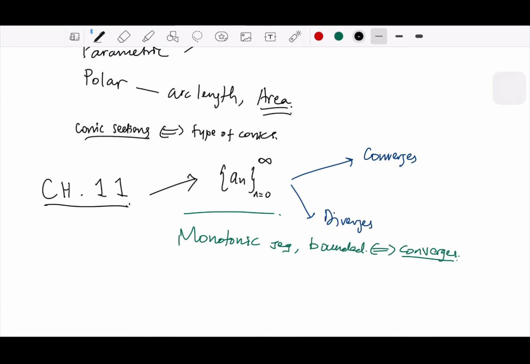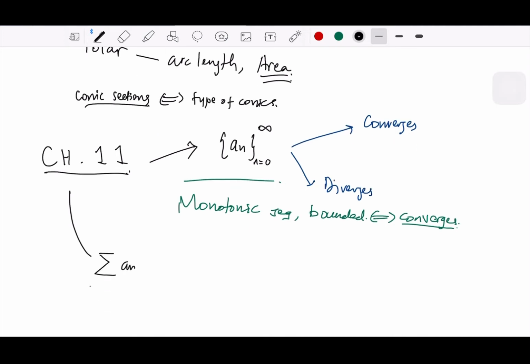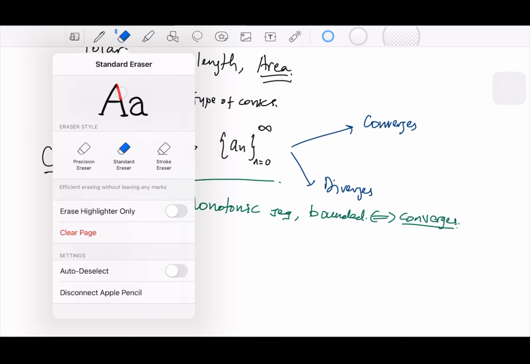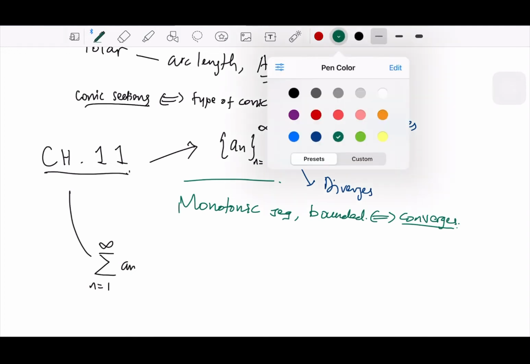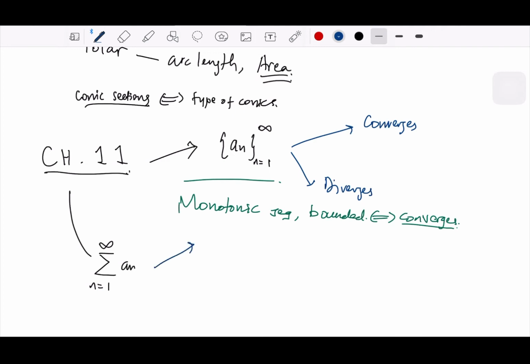And then we learn about series. Now for the series, we also learn when the series converges and when it diverges, right?